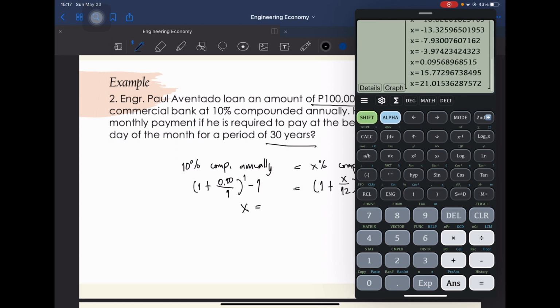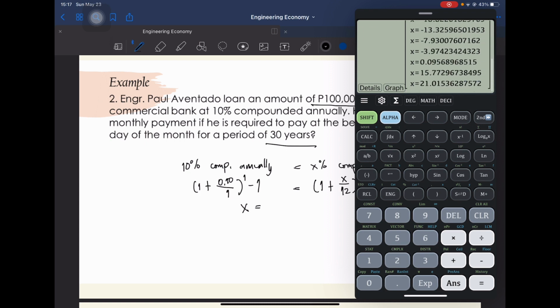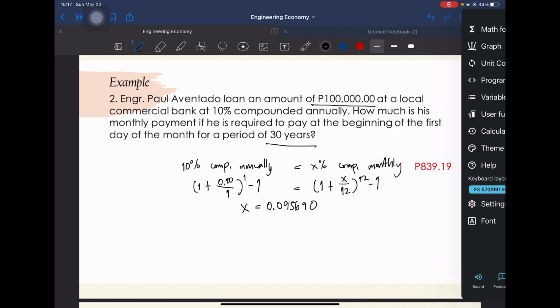That's it. Not all the roots can be used; raised to 12 there are 12 roots, but the obvious one that applies is 0.095689, the third to the last. So 0.09569. Okay?